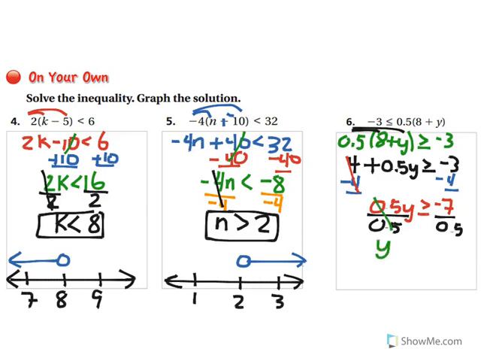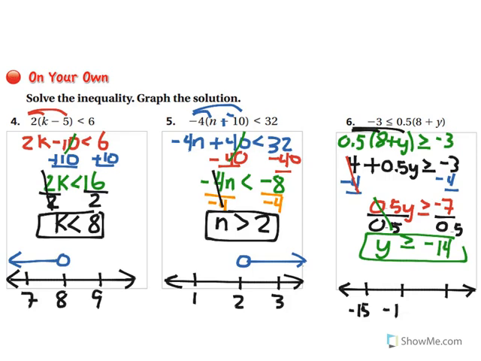Then I divide the negative 7 by 0.5, which gives me a negative 14. And since I divide by positive on both sides, I'm going to keep the sign the same. That's my final answer. I can graph this. I have negative 15.